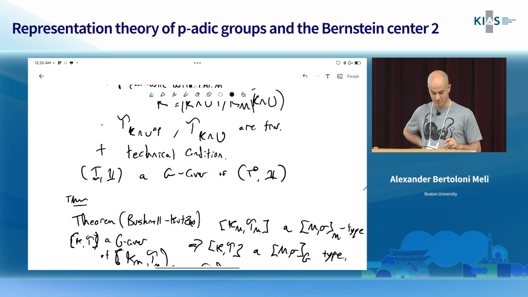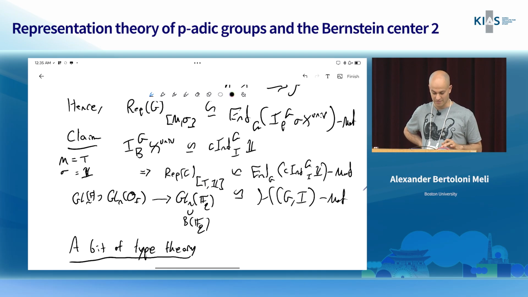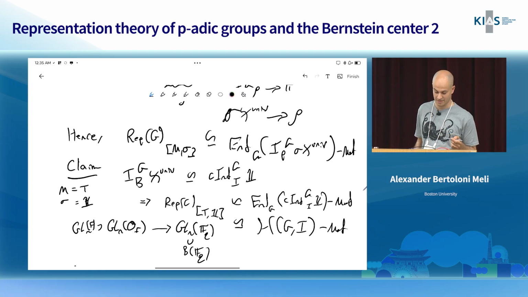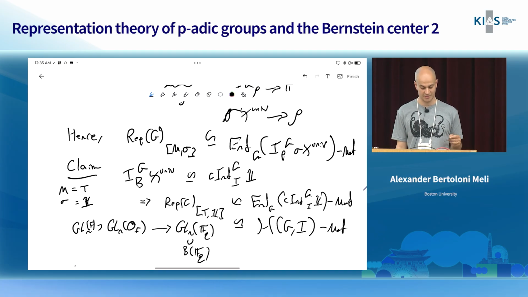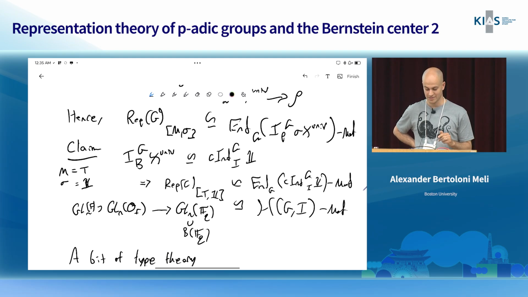Well, one reason is that now we can more explicitly describe this block as modules over a more understandable ring. But the other thing is that these projective generators, these IPG sigma chi-univs, show up a lot in the theory.